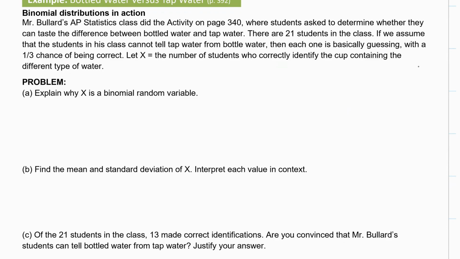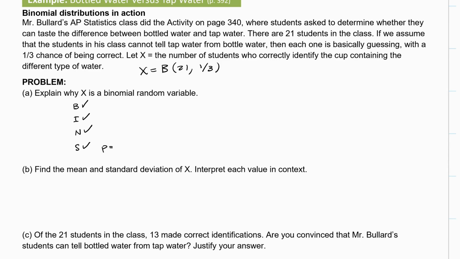Okay, so X, is this binomial? Well, every trial ends in success or failure. Each trial is independent. That sounds good. Set number of trials. Yep, 21. And probability of success, as it's stated in the problem, is 1/3. So we meet each of the criteria, and I'm just going to give those check marks.